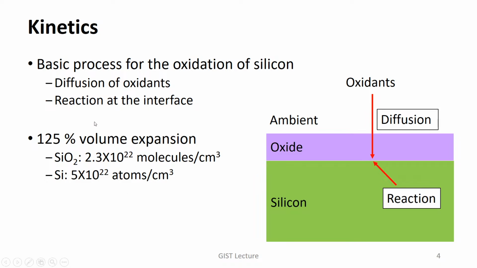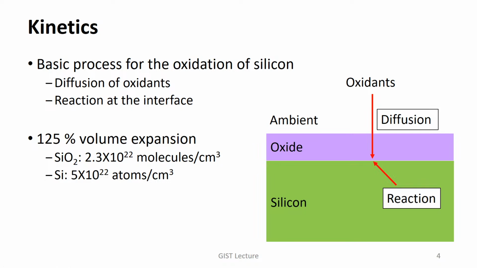Also, it is noted that since the number of silicon atoms per unit volume and the number of silicon dioxide molecules per unit volume are different, we have 125% volume expansion.